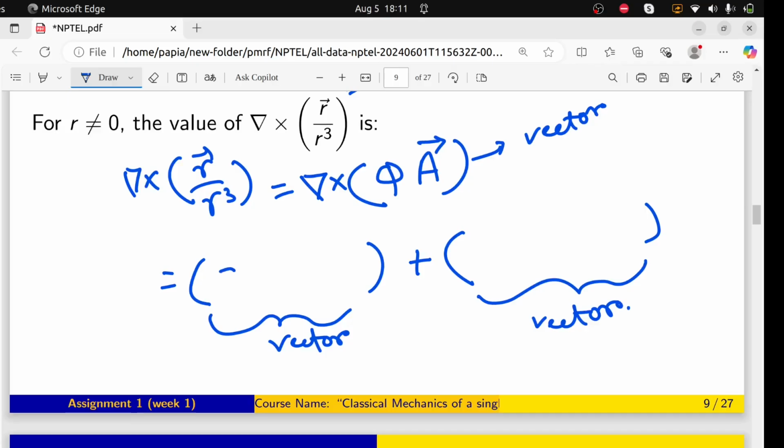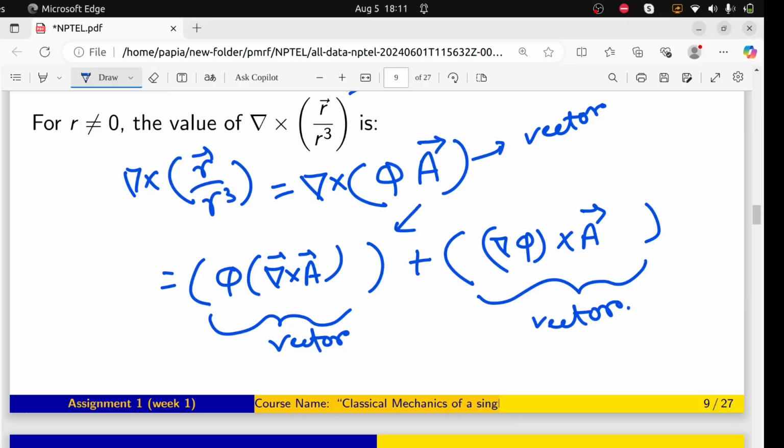Now I am just going to write the expression for this curl of phi A. It will simply be phi, then curl of A, and here it will be grad phi cross A. So this will be the answer. This will be the expansion for this case, right? Because both of these, something plus something, will give us a vector form.